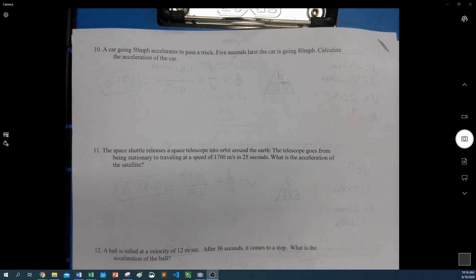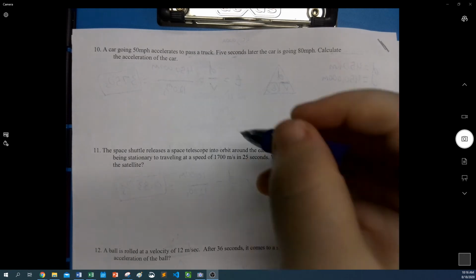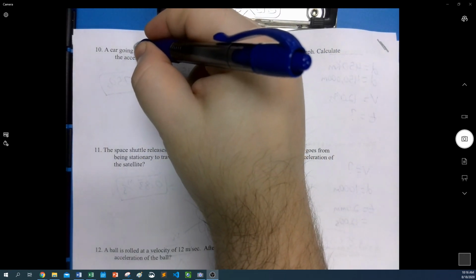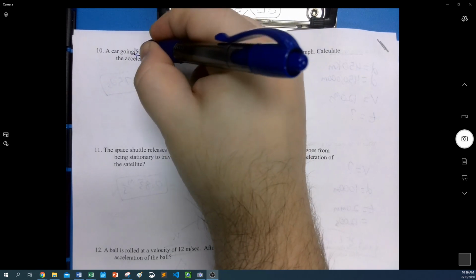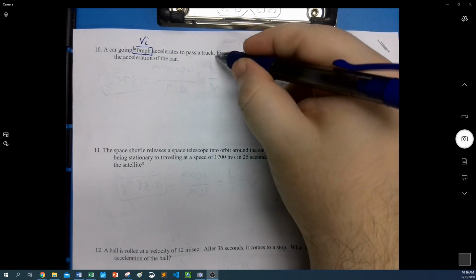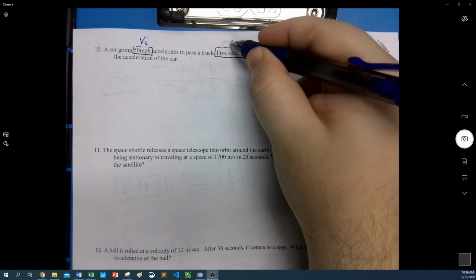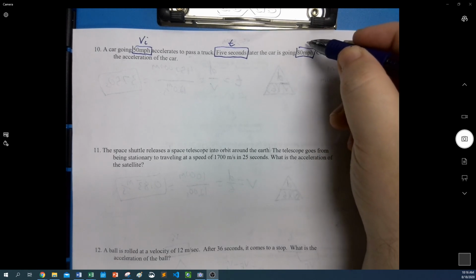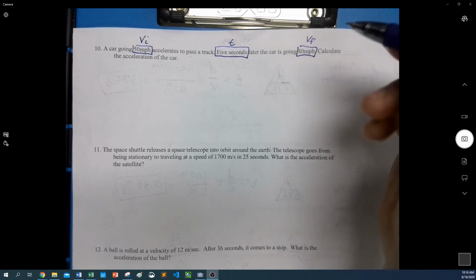Everyone get an answer? What answer did y'all get? So a car is going 50 miles per hour, so that's its initial velocity. 5 seconds is going to be its time, and 80 miles per hour is going to be its final velocity.